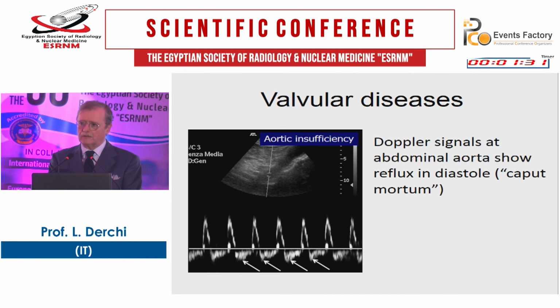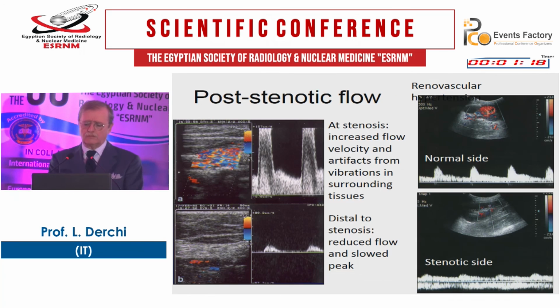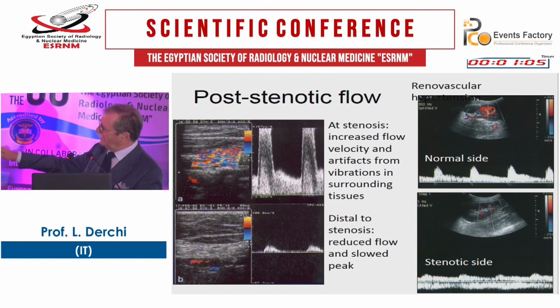The patient has reflux in diastole due to aortic insufficiency. Or this patient has a very tight stenosis of the left superficial femoral artery, and this is the increased velocity top left.